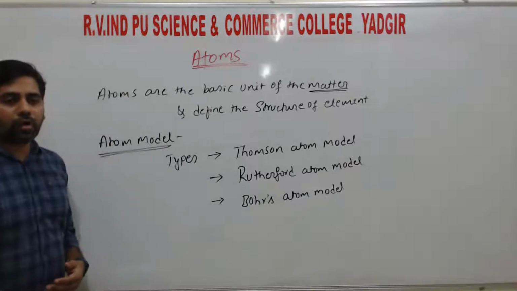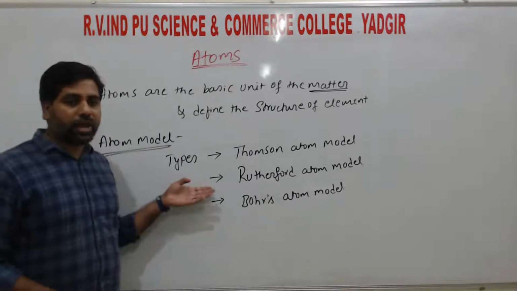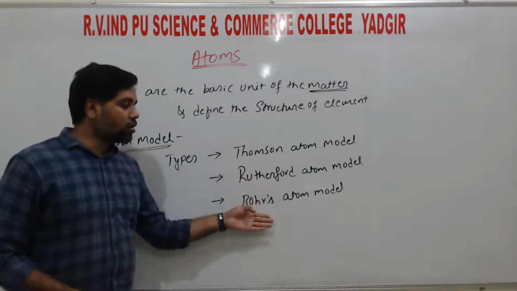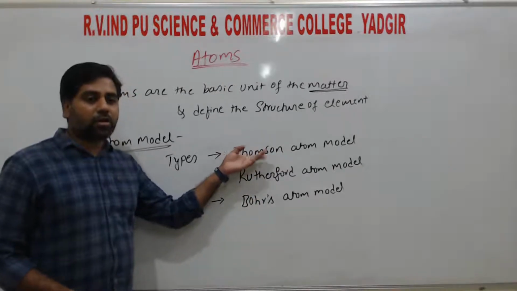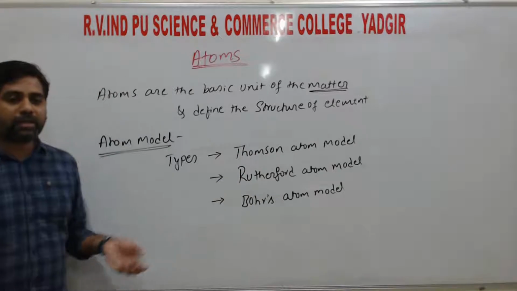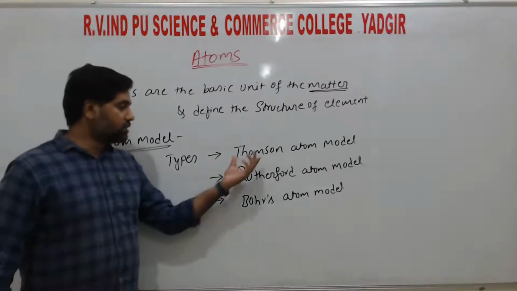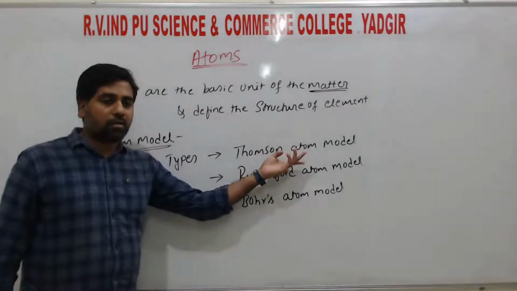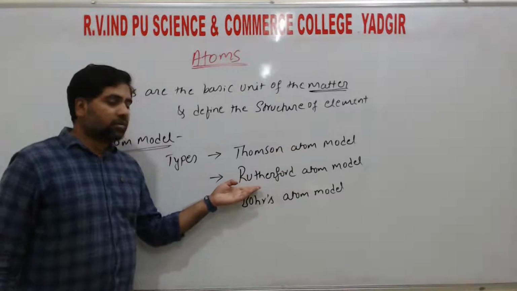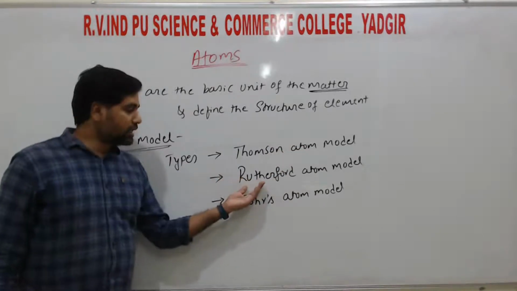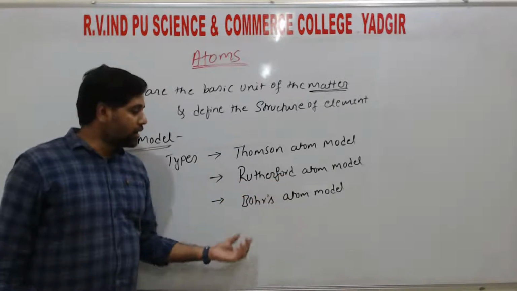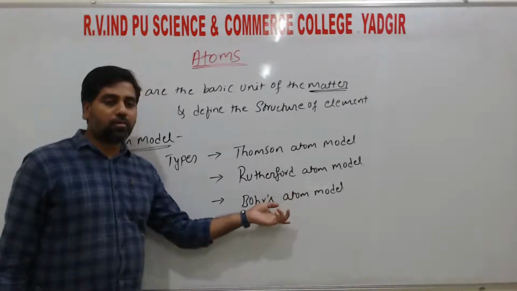Out of those atom models, in this chapter we are discussing 3. That is Thomson's atom model, the first atom model, which was proposed by J.J. Thompson, hence the name Thomson atom model. Later Rutherford proposed the Rutherford atom model, and after that Bohr's atom model.